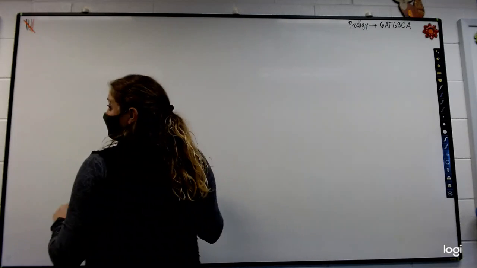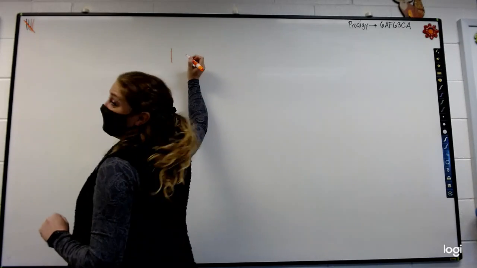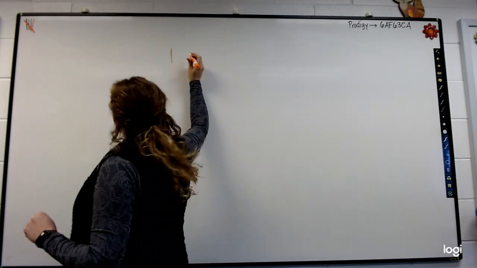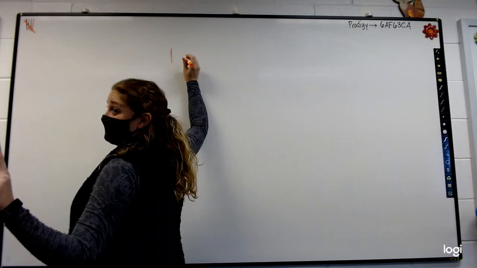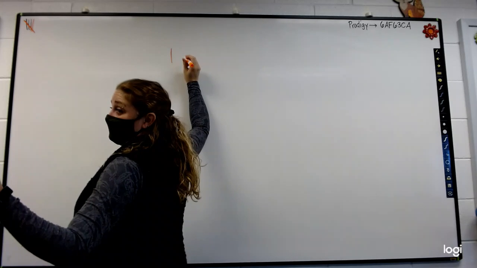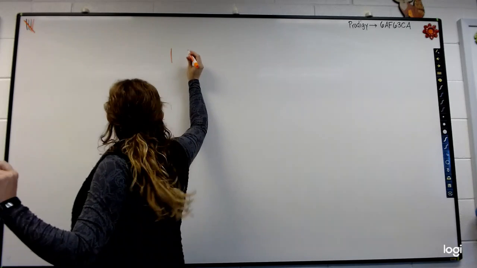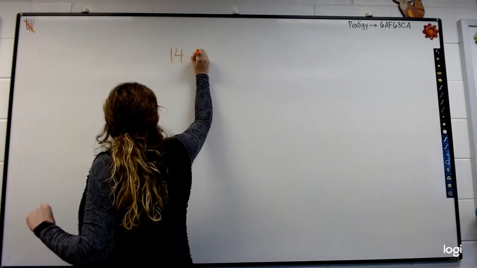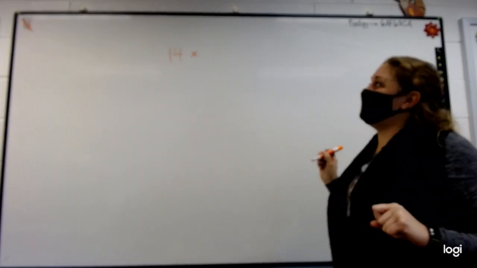All right. Quentin, give me 1 digit. 1. Hayden, give me 1 digit. A digit is 1 number, 0 through 9. 4. All right. Zoe, give me 1 digit.